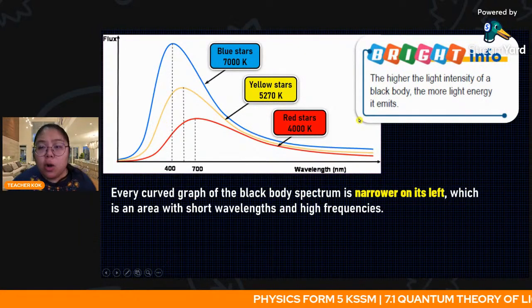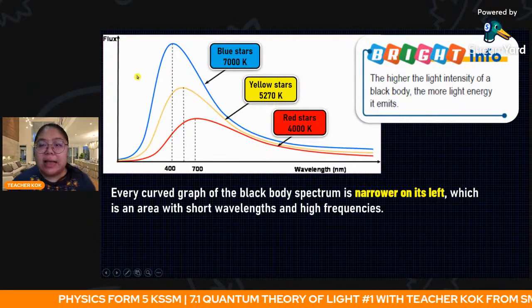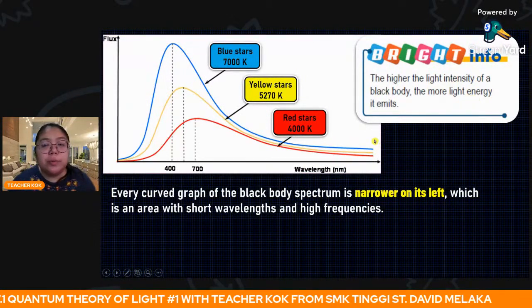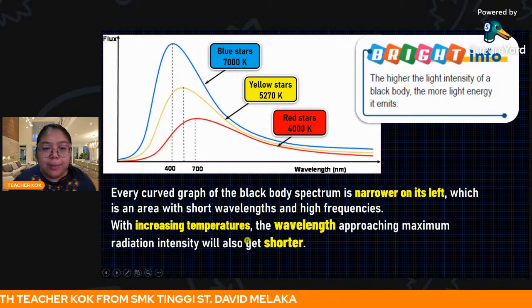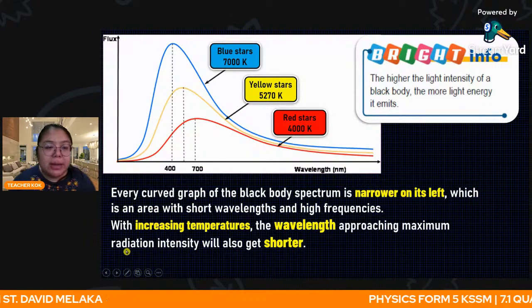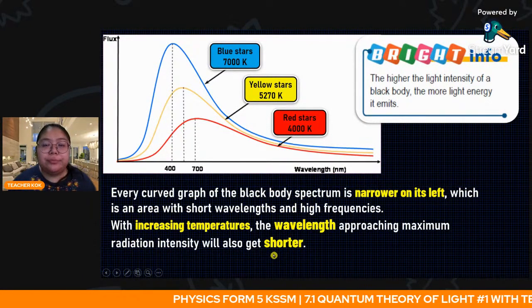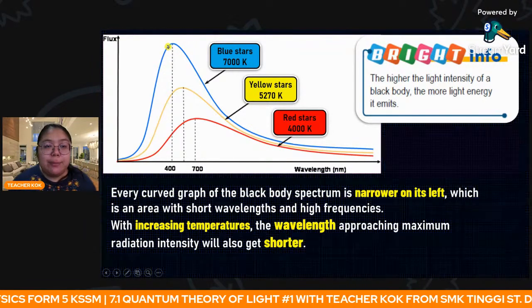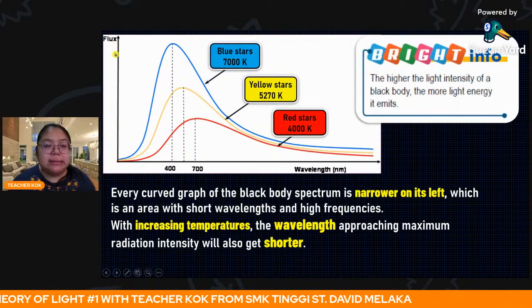So we can make a conclusion. When the frequency increases, the light intensity also increases, or you can say the light energy also increases. So with increasing temperature, for example 7,000 K, the wavelength at maximum radiation intensity also gets shorter. When the wavelength becomes shorter, the temperature is the highest and the light intensity is also the highest.